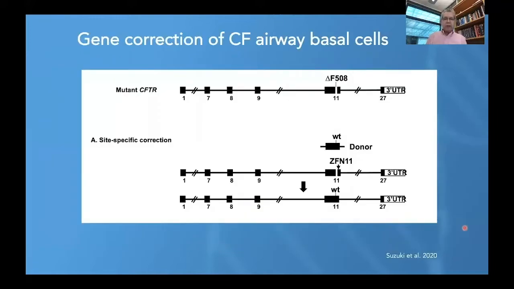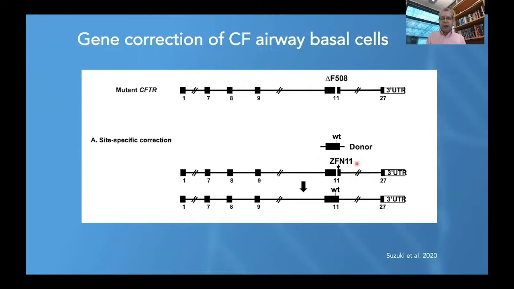So I'm going to talk today about two overall strategies for editing the endogenous CFTR locus. The first is one of site-specific correction or mutant-specific correction, where one would take, for example, and I'm just going to use the example of F508del here, one could develop specific reagents targeting the mutant sequences, in this case zinc finger nucleases.